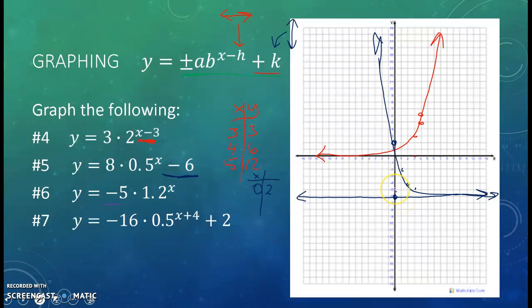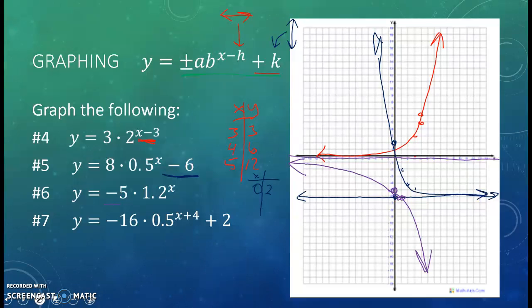And so when I do that, I have a point, my first point at -5, my second point at -6, and then it's going to be at negative a little bit more than 7, and the asymptote is still going to be along the x-axis. It's going to start off close to that asymptote, but then it's going to go through those 2 points and continue to grow, but instead of growing in a positive direction, it's growing in a negative direction.